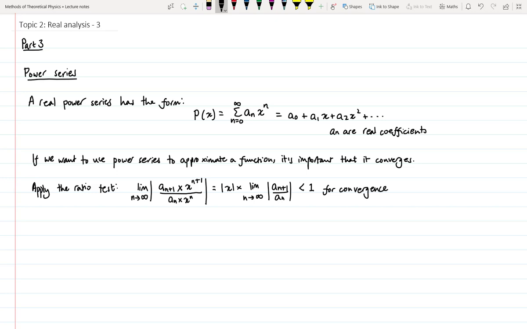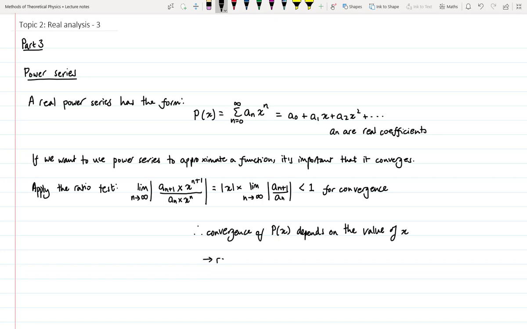It's obvious here that because the absolute value of x appears in the expression, the convergence of our power series p of x depends on the value of x.